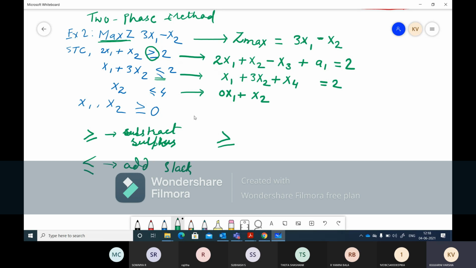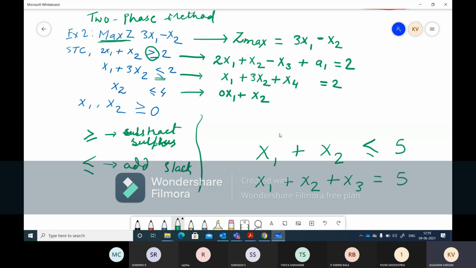Now I'm going to explain why we are saying it like this. For example, let's say we have an equation x1 plus x2 is less than or equal to 5. If I want to convert this, I'll say x1 plus x2 plus x3 equal to 5.